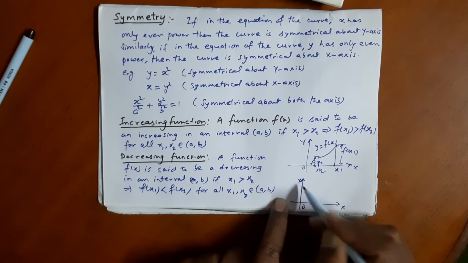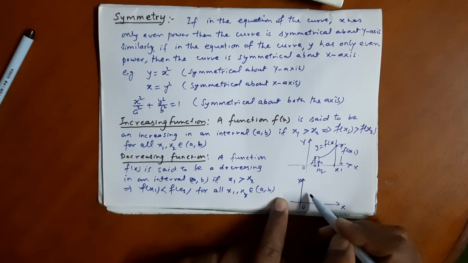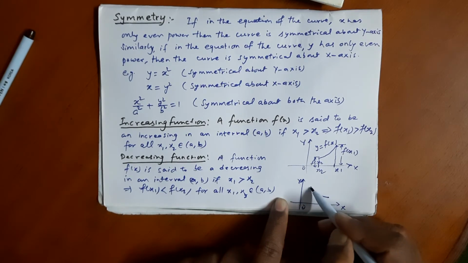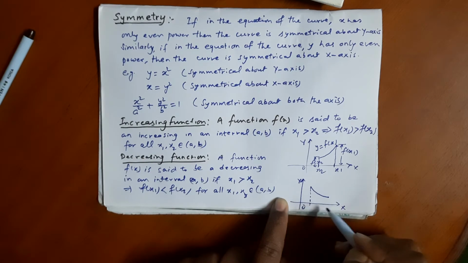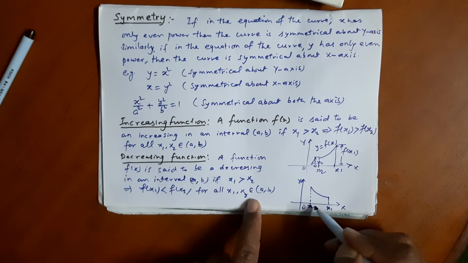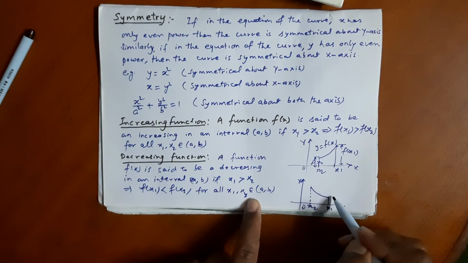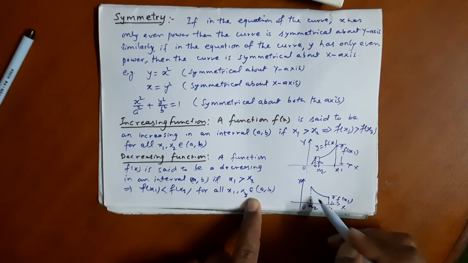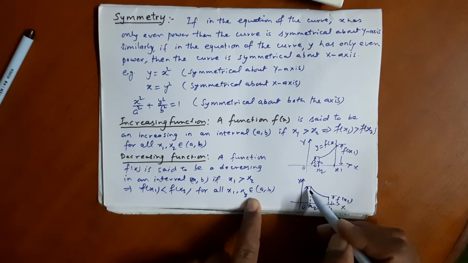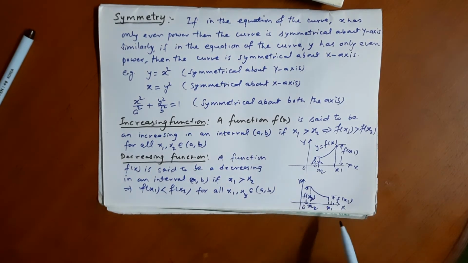So the function will be like this. Here x1, x2, x1 bigger than x2, but this height is f(x1) and this height is f(x2), and this f(x1) is smaller than f(x2) for all x1, x2 belonging to the open interval AB.